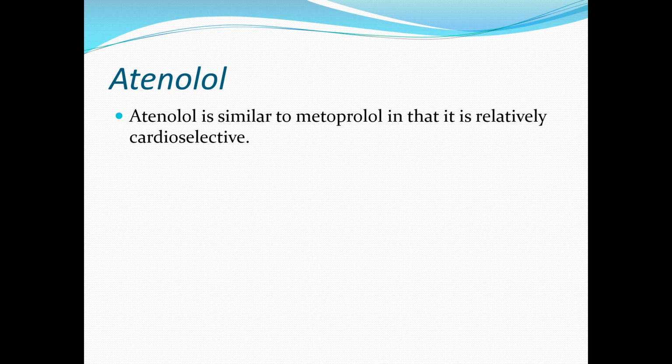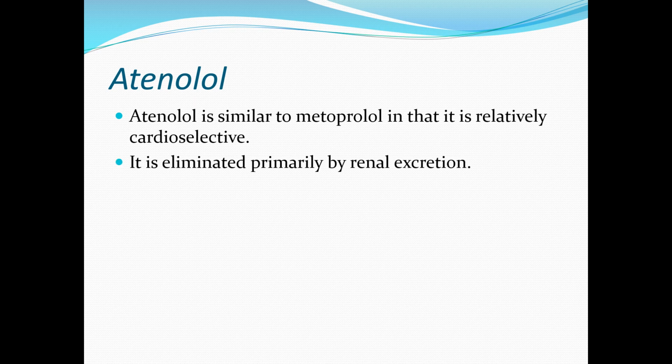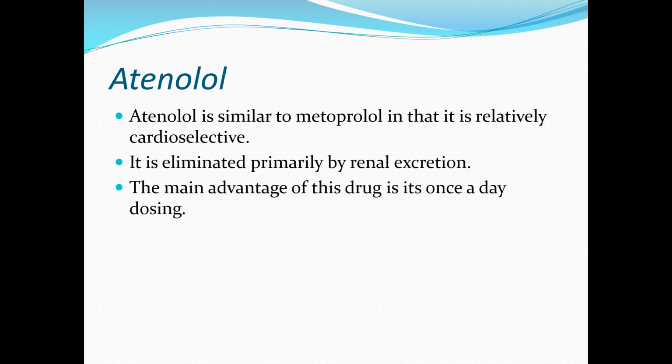Atenolol, similar to metoprolol, is fairly cardioselective, fairly beta 1 selective, and its elimination is primarily renal. And the reason atenolol is particularly popular in outpatients is you can give it once a day, so patients actually take it.